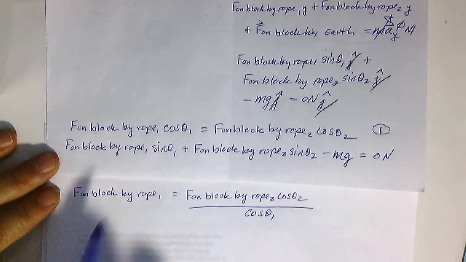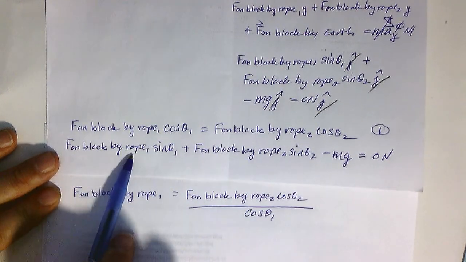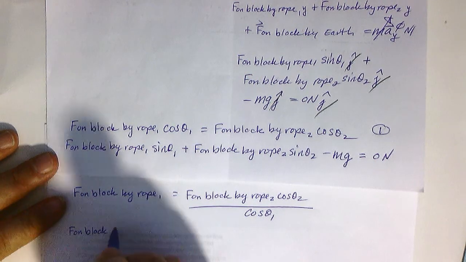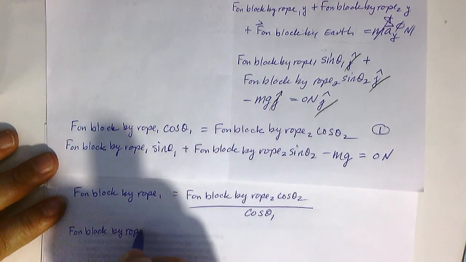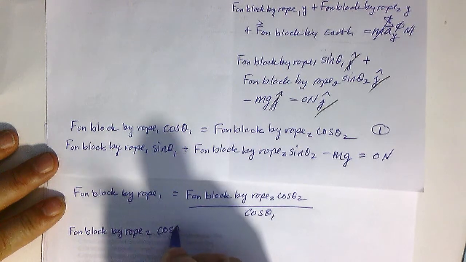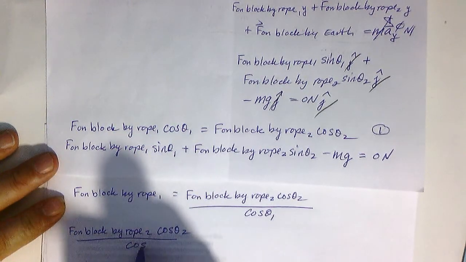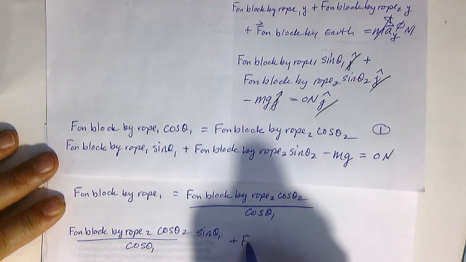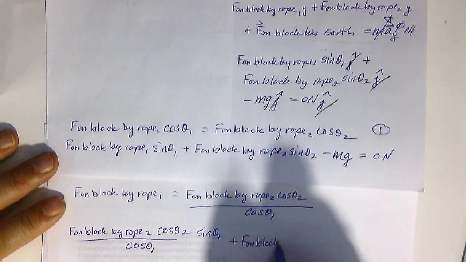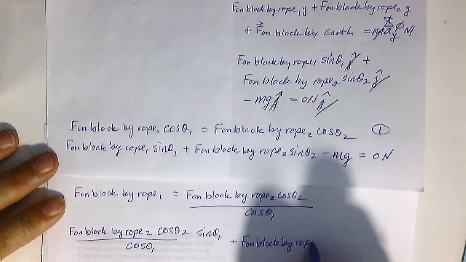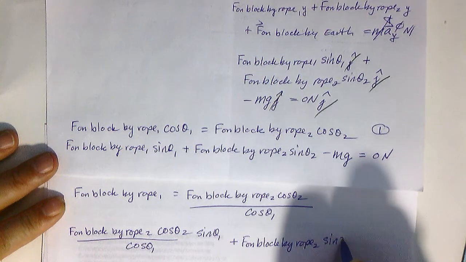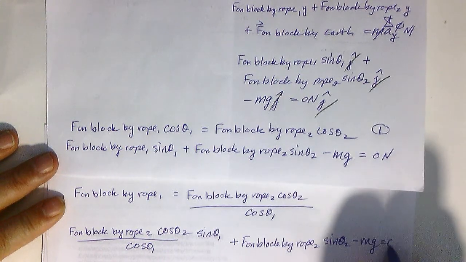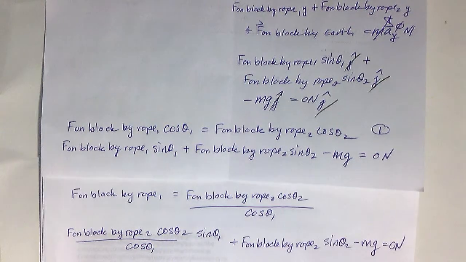Okay, now I'm going to substitute this into this equation here. So I have force on block by rope 2 cosine theta 2 divided by cosine theta 1 times sine theta 1 plus force on block by rope 2 sine theta 2 minus mg equals 0 newtons.